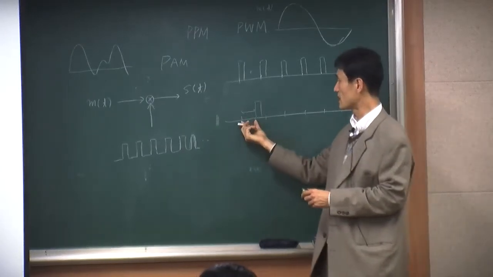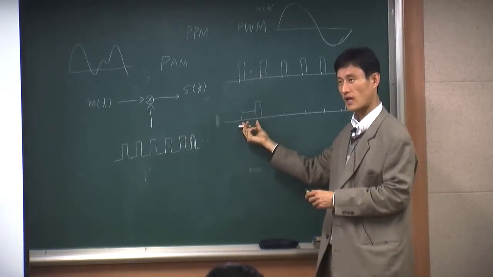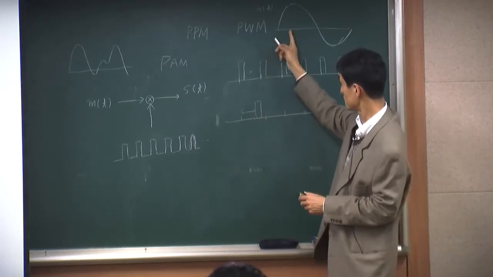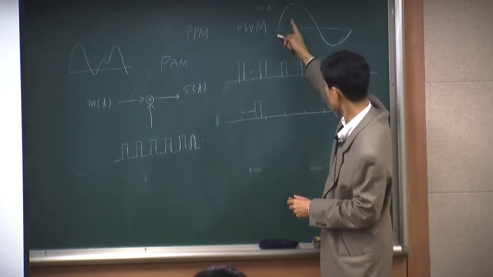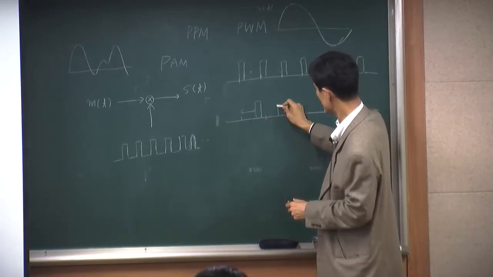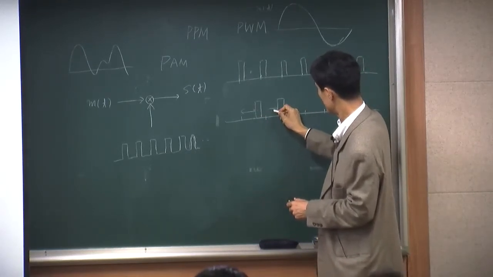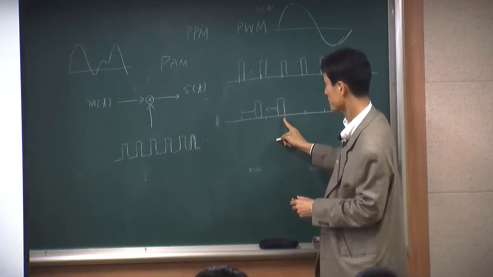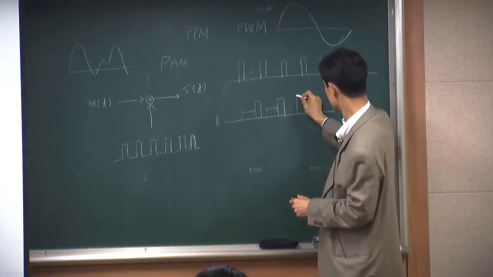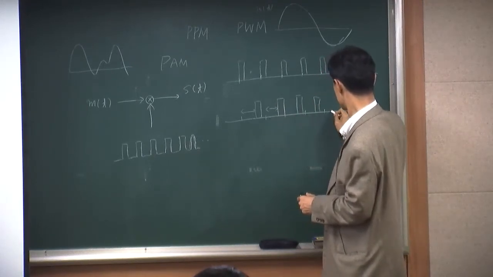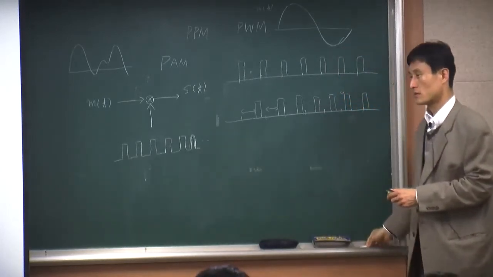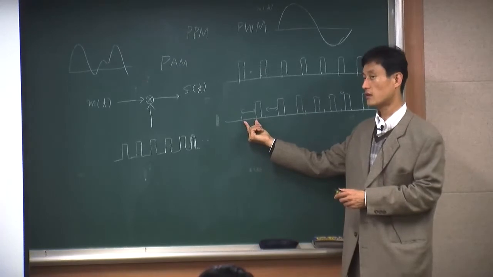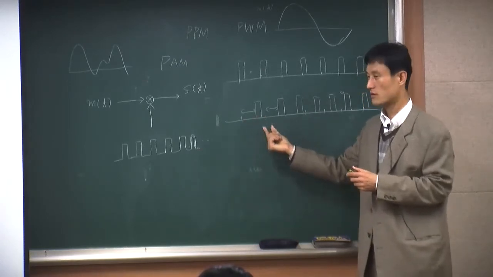So how much delay you're going to have, that depends on the message, and that makes your pulse position. If you get a maximum value, this position will go all the way here. So this delay, that actually allows you the position.